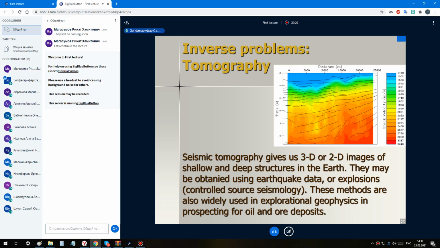They may be obtained using earthquake data or explosion as controlled source seismology. These methods are also widely used in exploration geophysics in prospecting for oil and ore deposits.